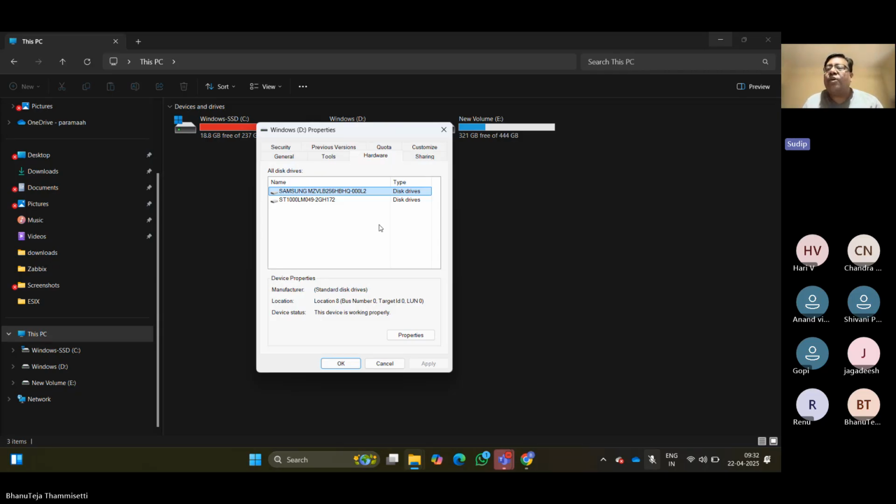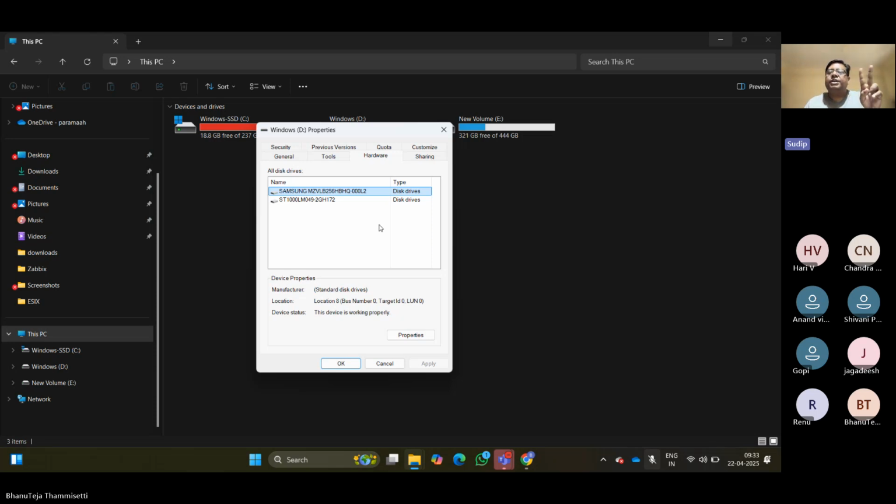And that's exactly what we are seeing here today. The way the operating system is able to uniquely identify which hard disk is what is by using a combination of these two numbers. One is the bus number and the second one is the location number.